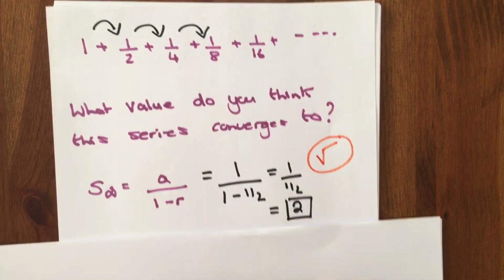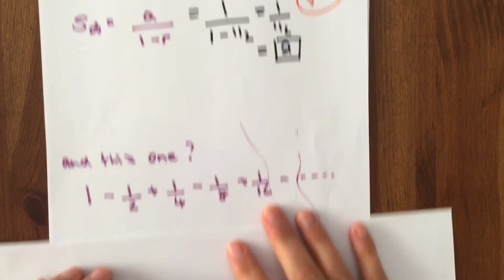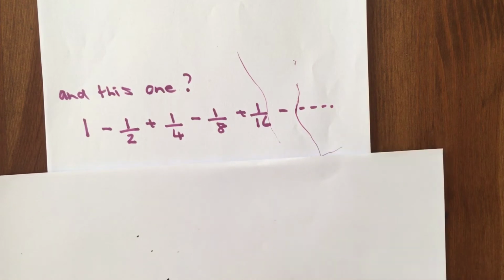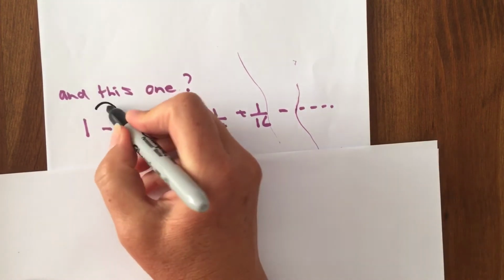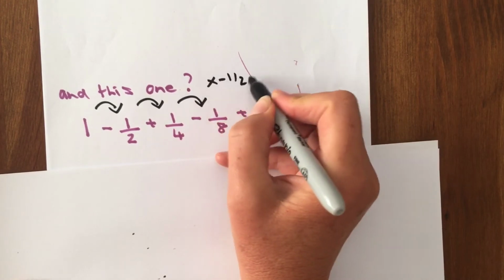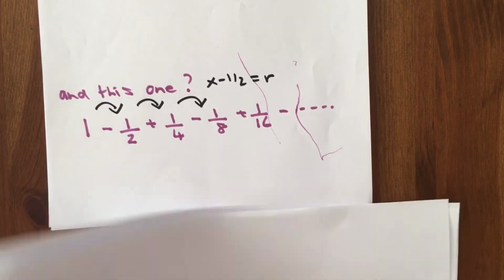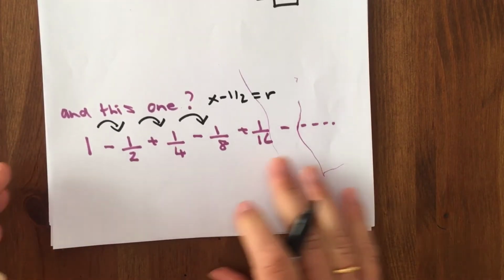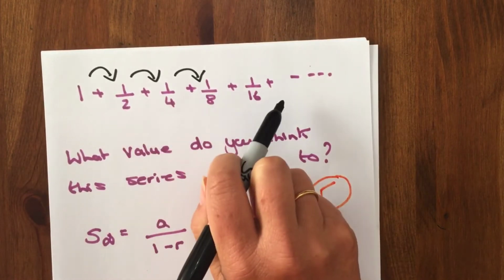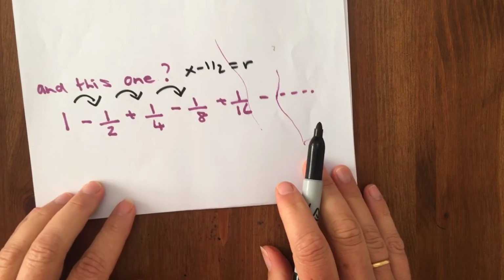The sum to infinity. Okay, what about this one, where we've got negative a half for my common ratio? I'm timesing by negative a half. Will that sum to infinity be bigger or smaller than the previous one, which was 2? Have a think in your head, will this be bigger or smaller?